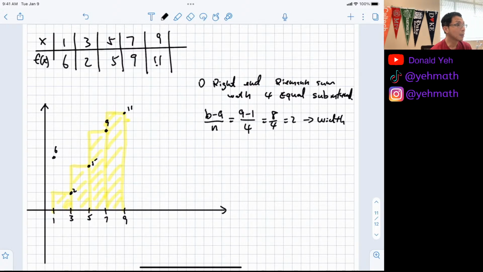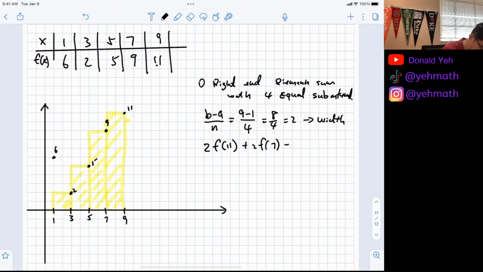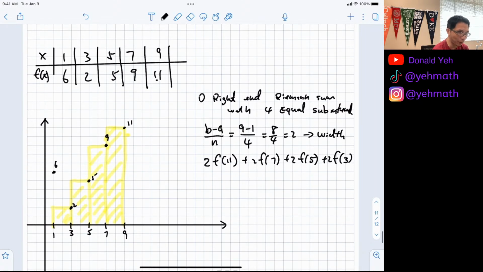Each one's 2. So I can do 2 times the height of each rectangle, right? So 2 times f of 11 plus 2 times f of 7 plus 2 times f of 5 plus 2 times f of 3. Why did I not use 1? Here's what I learned in 4th grade.